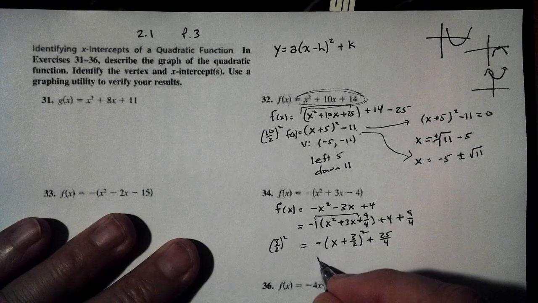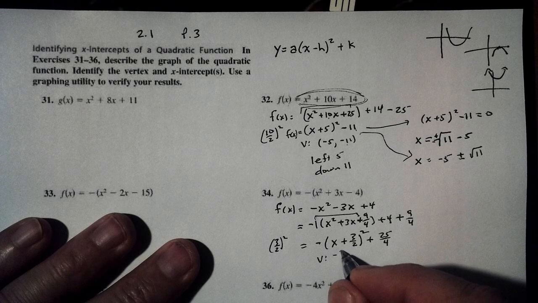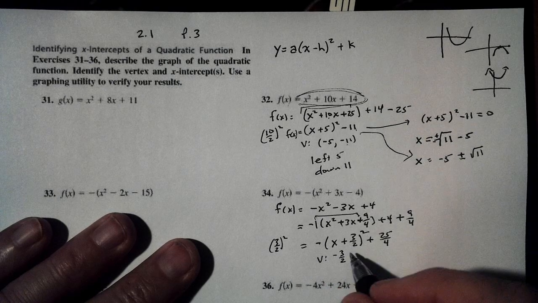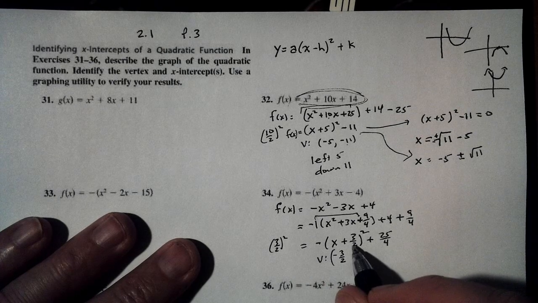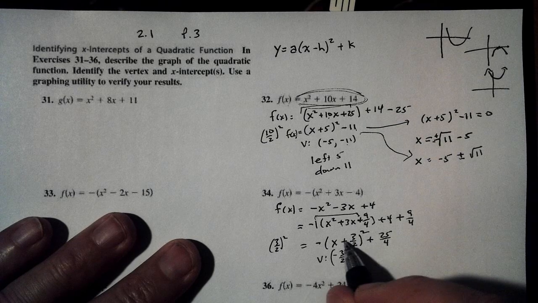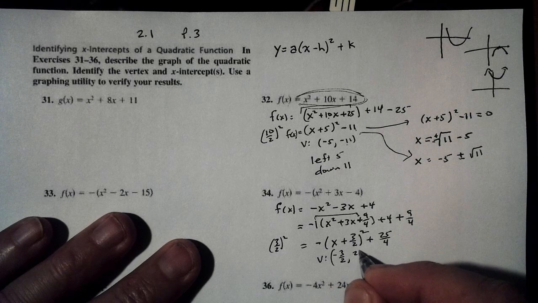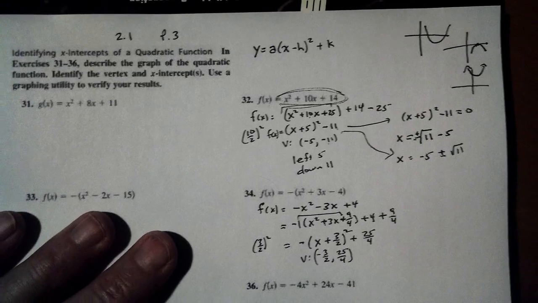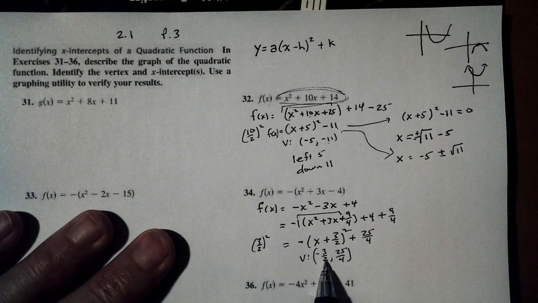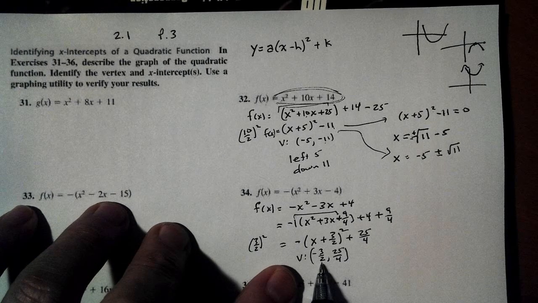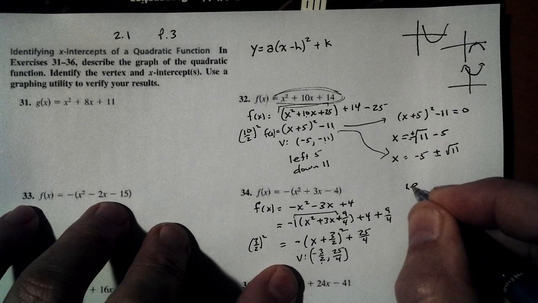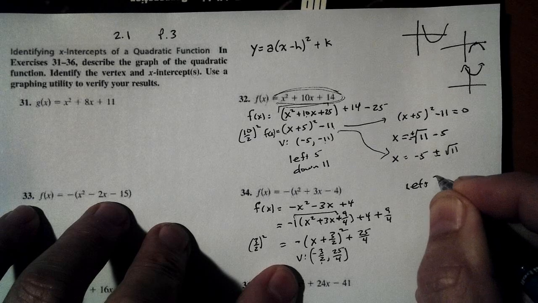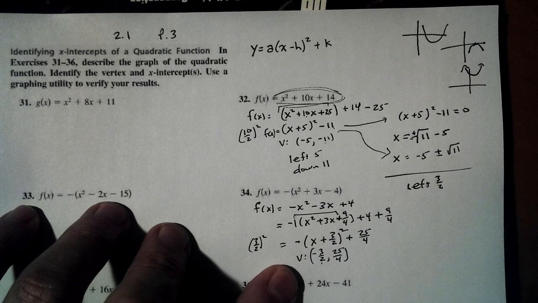So our vertex is at negative 3/2, my vox. When x is negative 3/2, this is all 0, negative 0, 0, 25/4. So this is really a big part of the description of the graph. We are left 3/2.